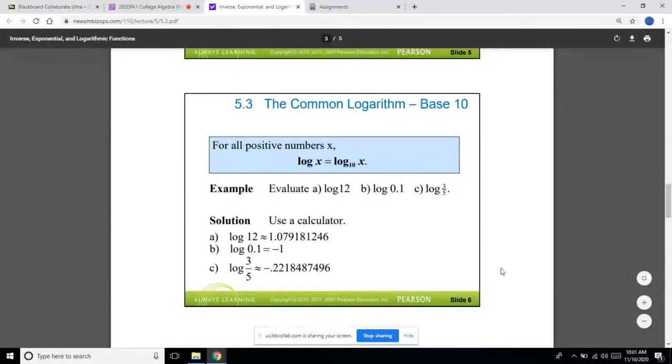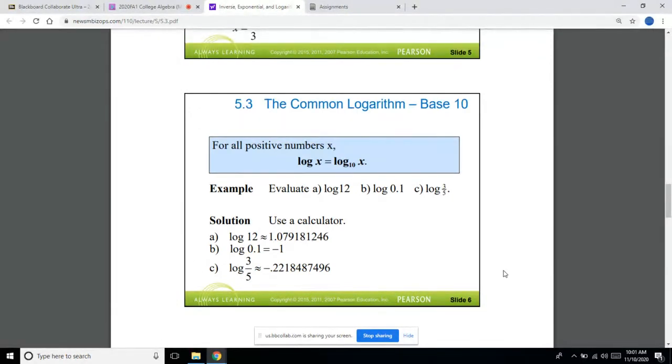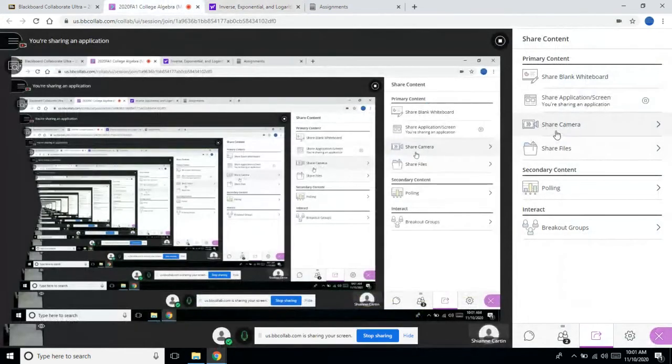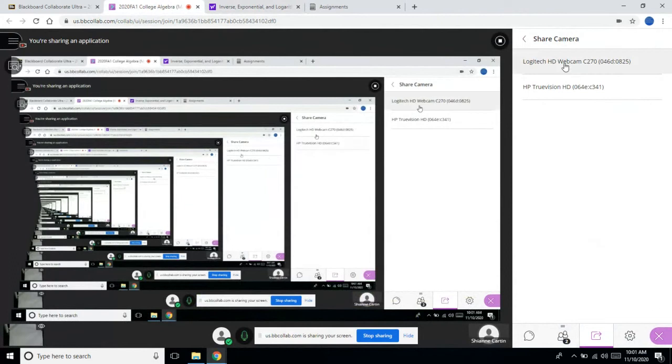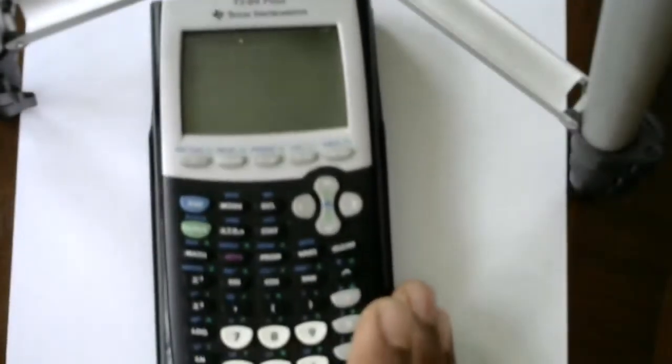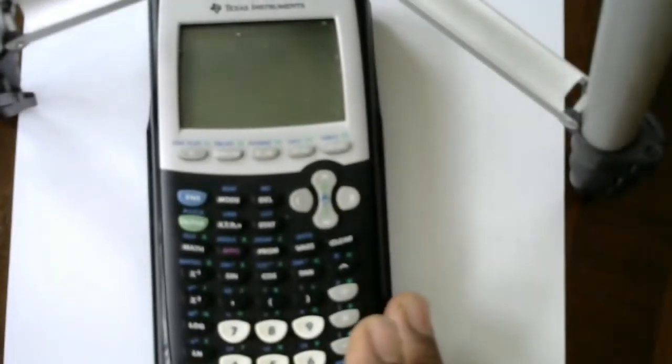All right, now as far as the calculator is concerned, I'm going to go back to our document camera. And if you have a calculator, you may want to pull out. All right, and we're going to take a look at a couple of things. Hopefully you can make this out.